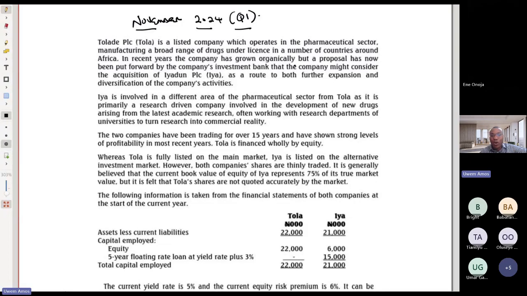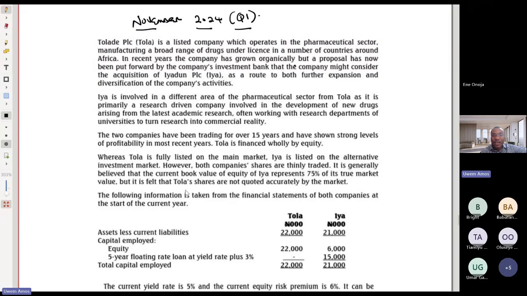Tola is financed wholly by equity. That's the original company. Whereas Tola is fully listed on the main market, Iya is listed on the alternative investment market. However, both companies' shares are thinly traded.